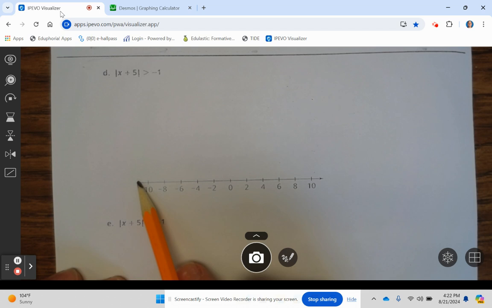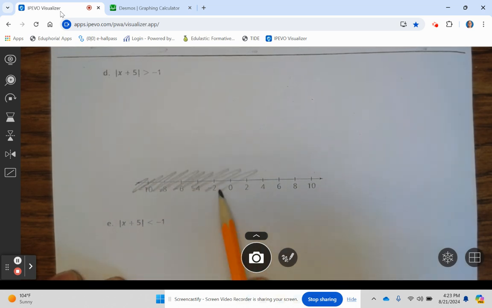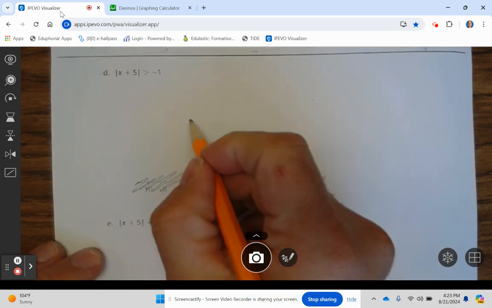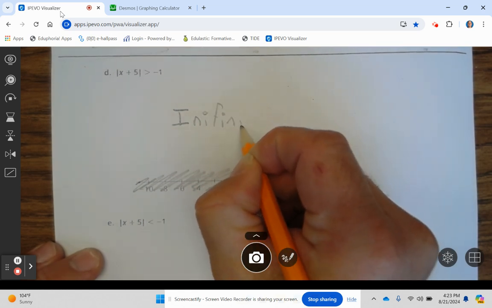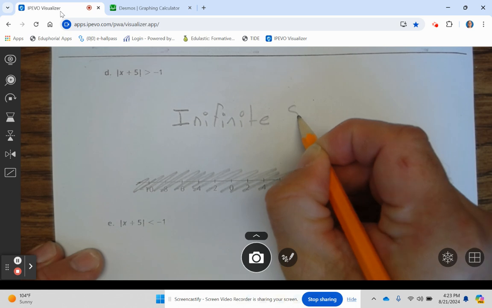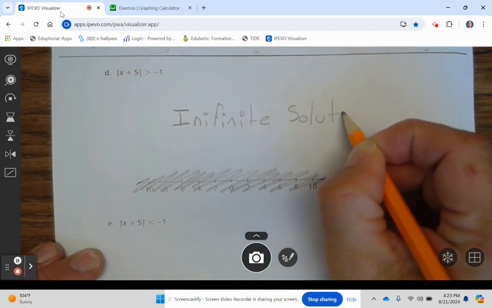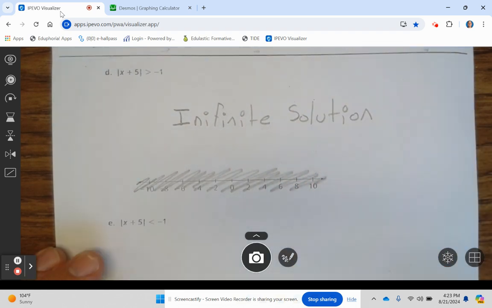So the entire number line is shaded, and we call that infinite solutions. Or I should say an infinite solution. All right, go ahead and finish up D.